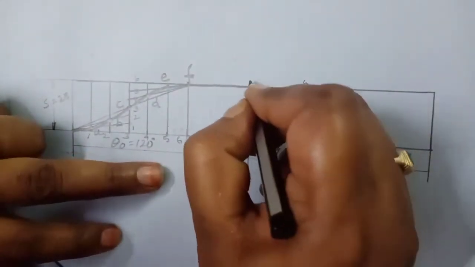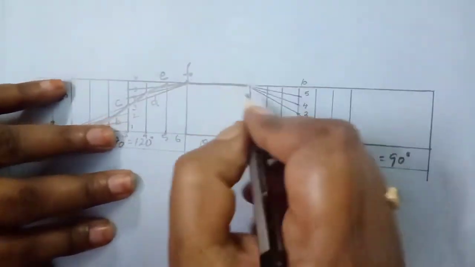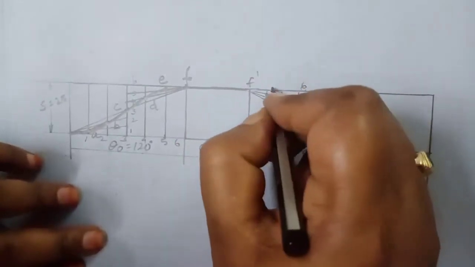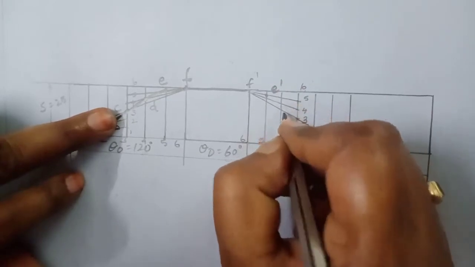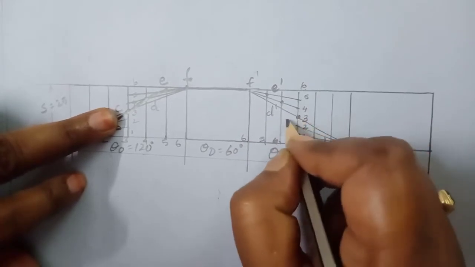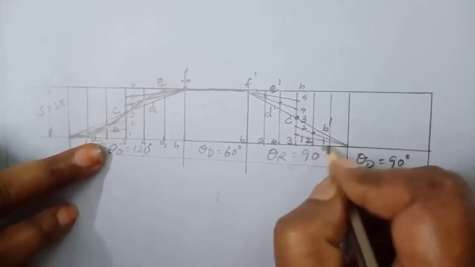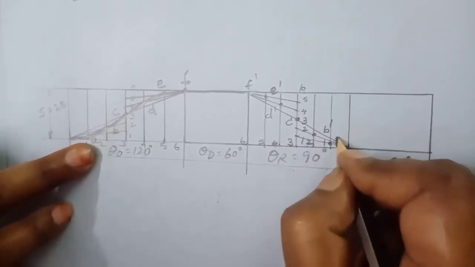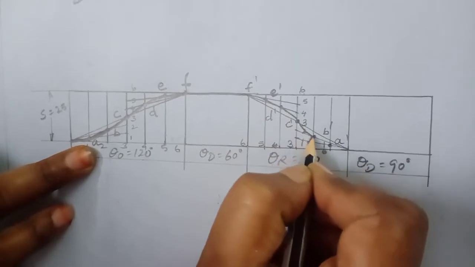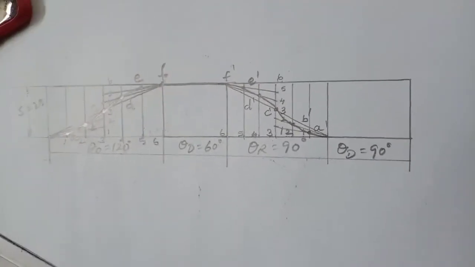So 6 as it is, or simply F dash. 6 and 6, F dash. 5 and 5, E dash. 4 and 4, D dash. 3 and 3, C dash. 2 and 2, B dash. 1 and 1, A dash. Now join these points with a smooth curve like this.